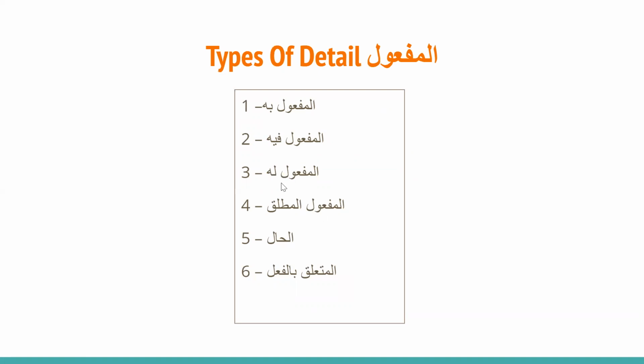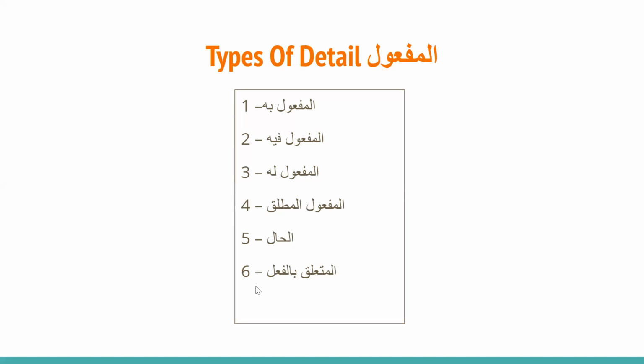Maf'ul lahu tells you why the action took place. Maf'ul mutlaq, how the action took place. Maf'ul hal, or simply hal, tells you the state of the doer, the action, or the environment in which the action was done, a state of these 3 things. So hal tells you the state of the action, the state of the fa'il or the maf'ul.